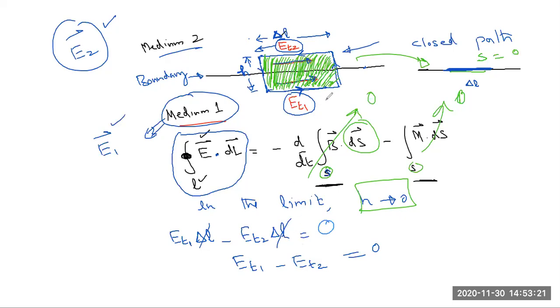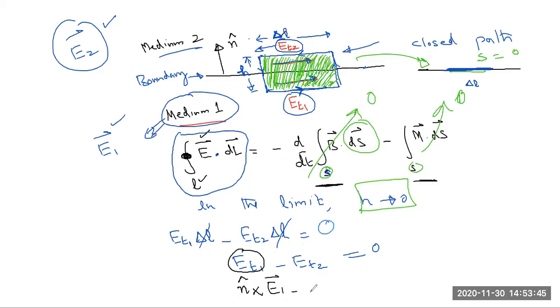So how can I write this in a vector form? We already know that the unit normal vector is in this direction. So if I take the unit normal vector and take the cross product of this with E1, that will give me ET1.